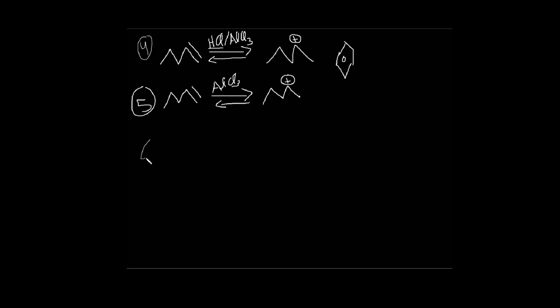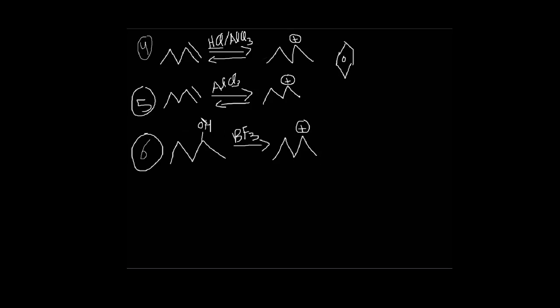Variation number 6. Okay, so if you had an alcohol and you react it with BF3, you eliminate the alcohol and you get a carbocation where it was.